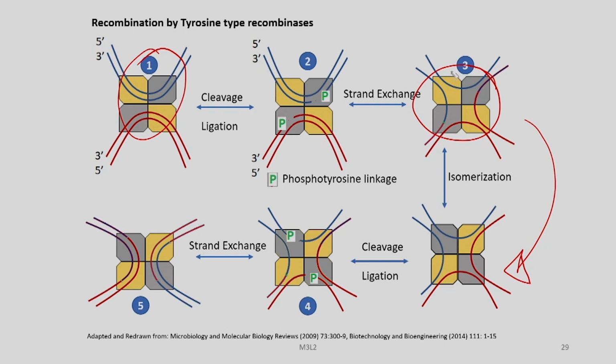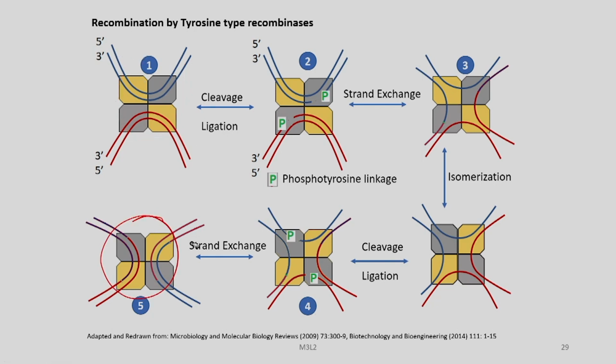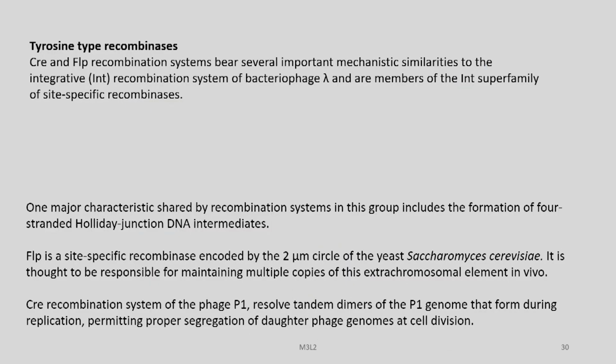And finally, the second cleavage occurs, and then finally recombinant DNA products are produced. So, this is basically, as you can see, a 5-step procedure or 6-step procedure, including the isomerization step.